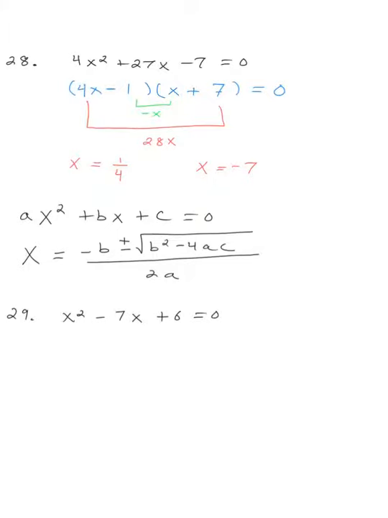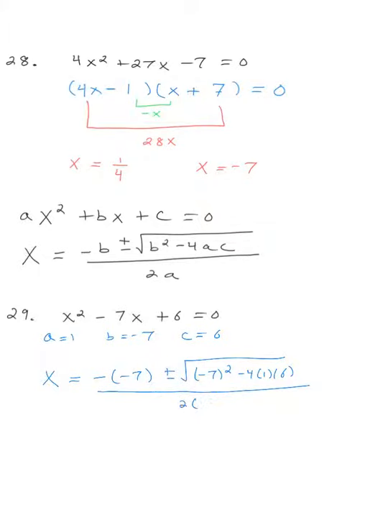The coefficients are a is equal to 1, b is equal to negative 7, and c is equal to positive 6. Let's plug it in and see what we get. X is equal to negative 7 plus or minus the square root of negative 7 squared minus 4 times 1 times 6 all over 2 times 1.